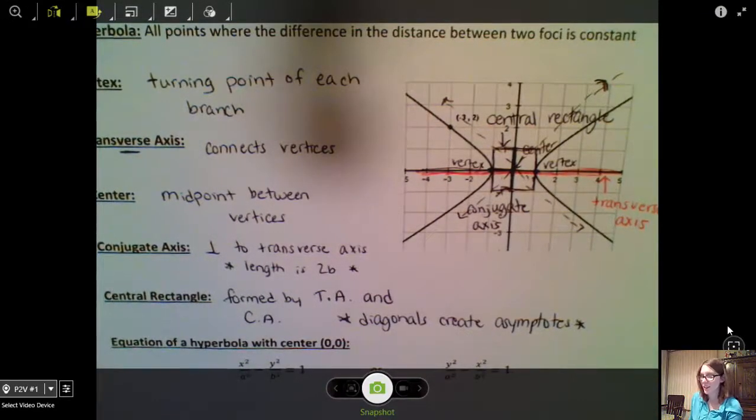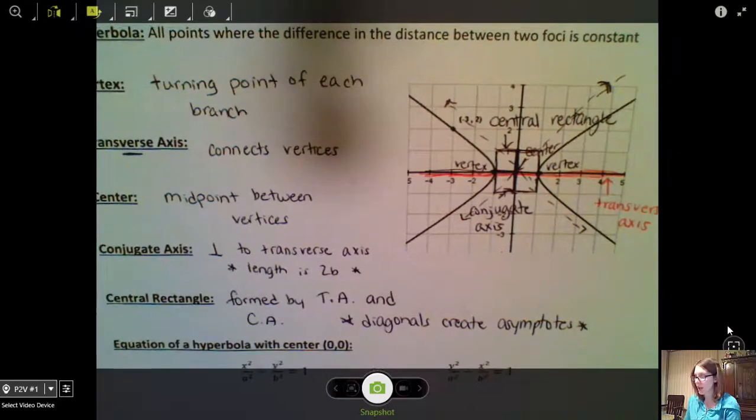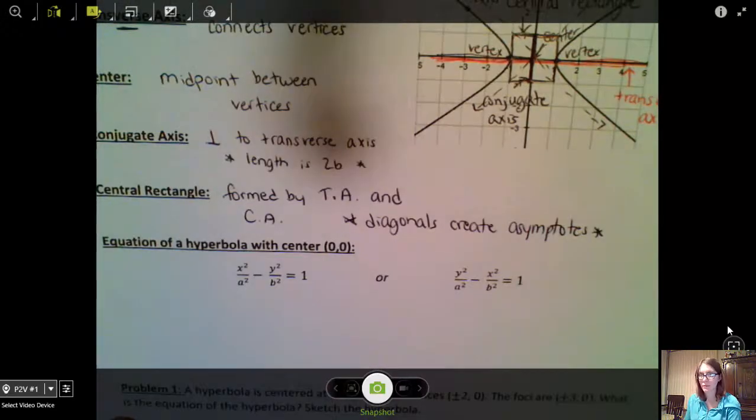Okay, like I said, our diagram got pretty messy there. We also are going to look at the equations of our hyperbolas. And like with our ellipses, there was a lot of vocabulary, but hopefully by the end, that vocab really wasn't too bad.